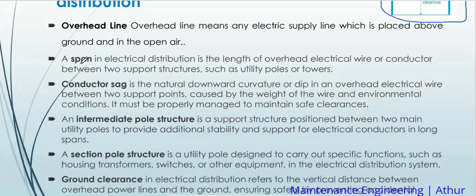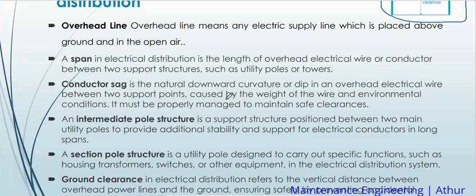We have a conductor sag. Now a conductor sag, I explained it, is the natural downward curvature or dip in an overhead electric wire between two support points. This is caused by the weight of the wire and environmental conditions. It must be properly managed.